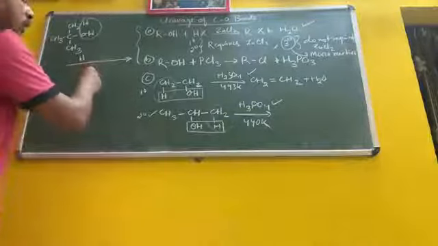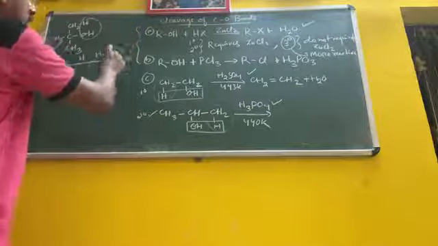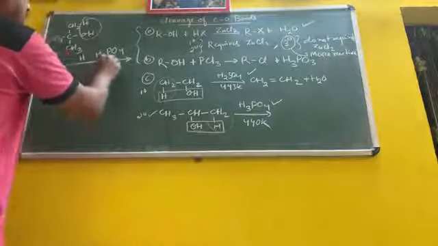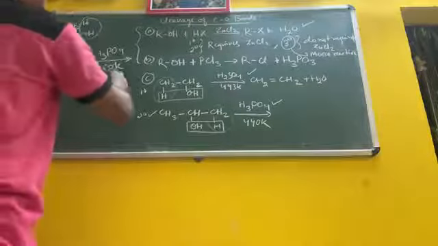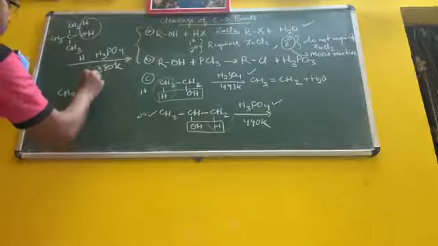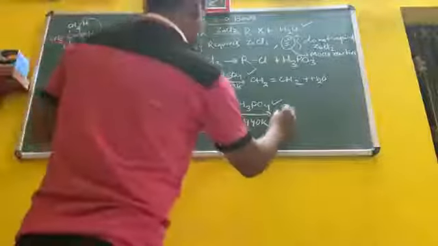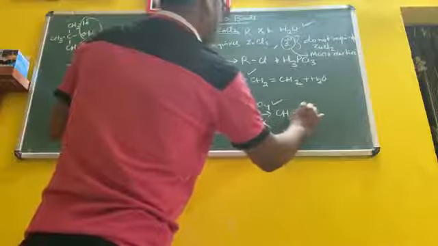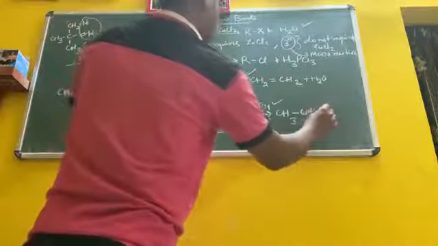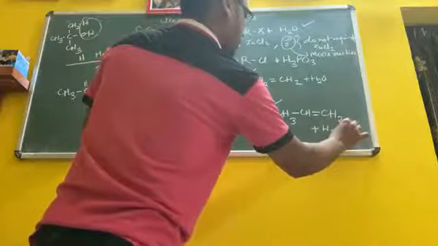That is H3PO4, in the presence of 3 Kelvin, to form CH3, C, double bond here. Also, sorry, CH3, CH, double bond, CH2 plus H2O.